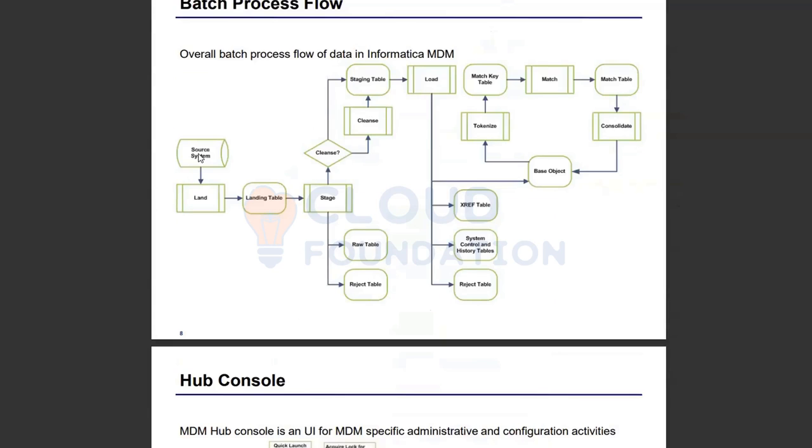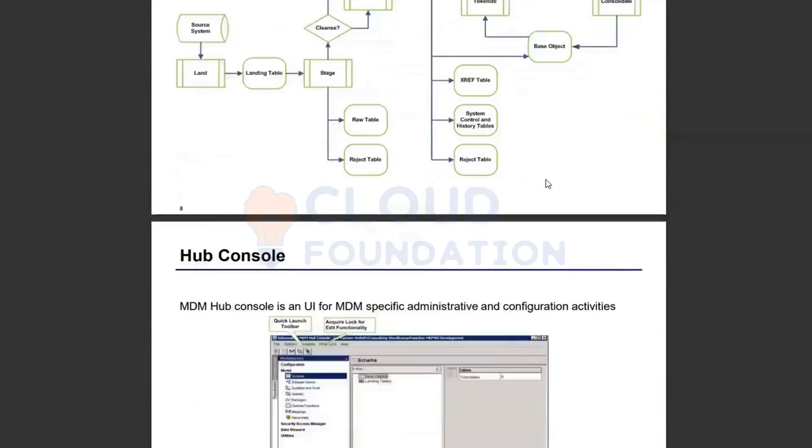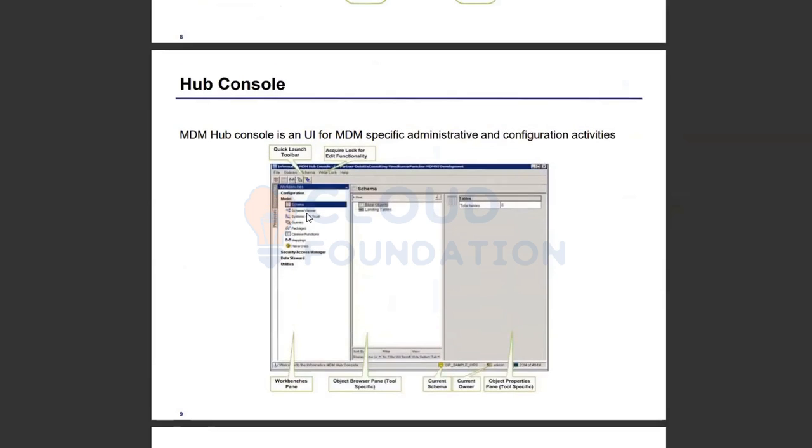All the IDQ or your ETL, everything will be utilized over in these two sections. Everything from over here to the end of the base object will be utilized from the MDM itself. We will not utilize any other tool for it. This is a little bit similar to what we'll be seeing in Hub Console.